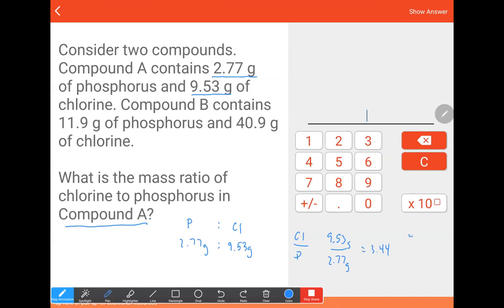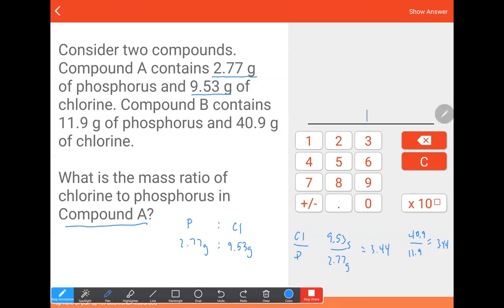And we got 40.9 divided by 11.9, and we get 3.44 again. So those are looking like they are probably the same molecule because they have the same mass ratio.